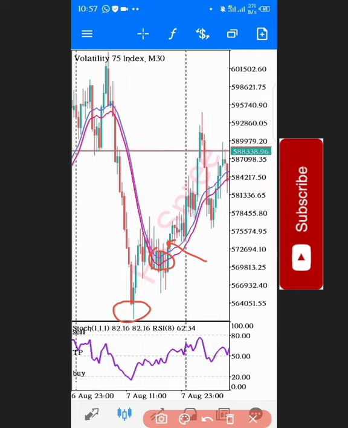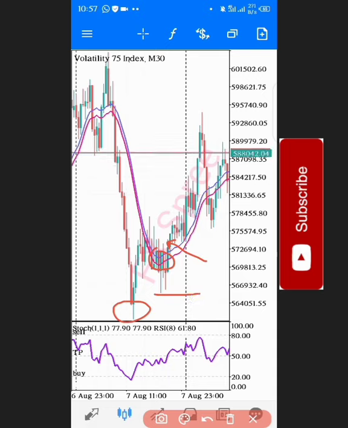I didn't remember to tell you the stop loss for the previous one, let me explain this first. So once you enter at this arrow here, your stop loss will be here. You can see that. That is where your stop loss will be.